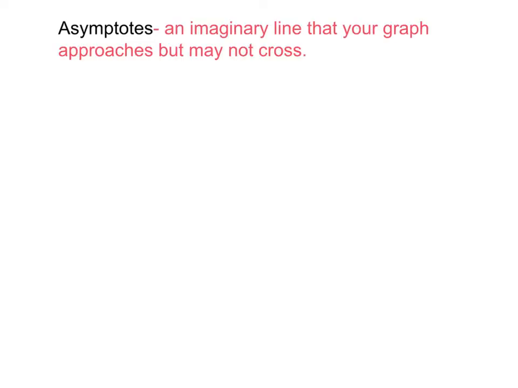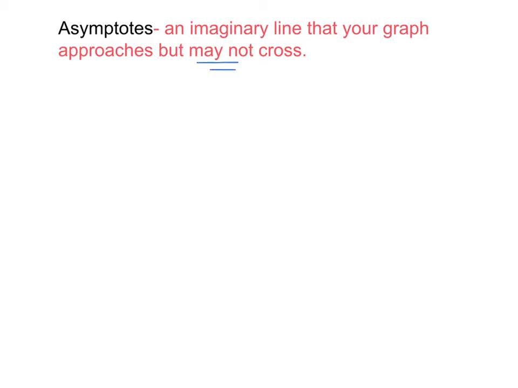Okay, just like in that last section when we graphed polynomials, the end behavior drove the function. And when we graph rational functions, our asymptotes are going to drive the function. So, in order to figure out what's going to be driving my function, I kind of need to know what an asymptote is. Well, here it is. An asymptote is an imaginary line that your graph approaches but may not cross.